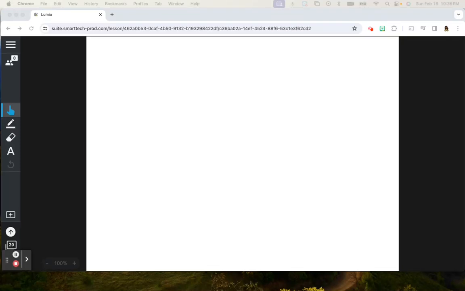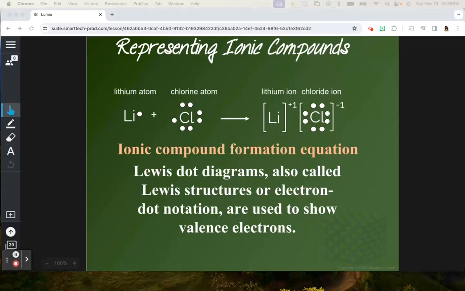So, next up, ionic compounds formation equation. Lewis structures or dot notation, whatever you like to call it, are used to show the valence electron. So here's a neutral lithium and a neutral chlorine. And once lithium loses its valence electron, it moves into chlorine.